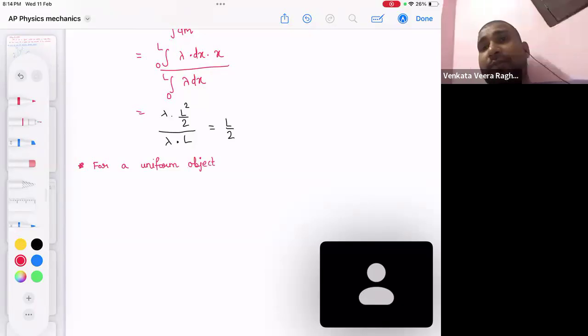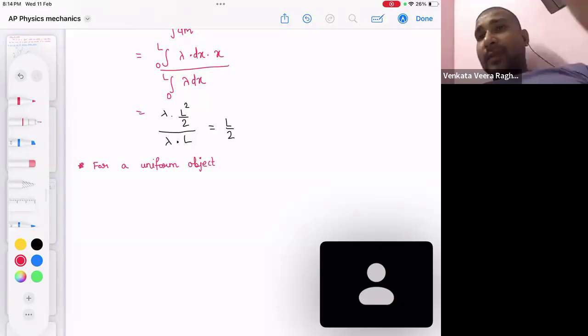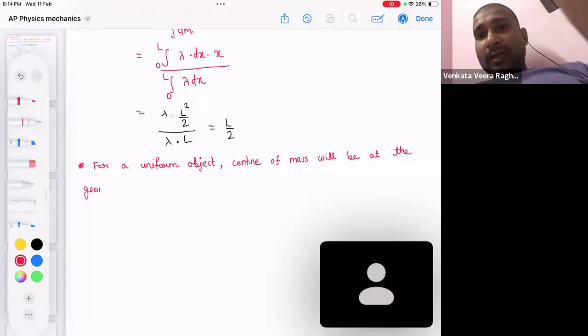So for a uniform object, the center of mass will be at the geometrical center of the object only.